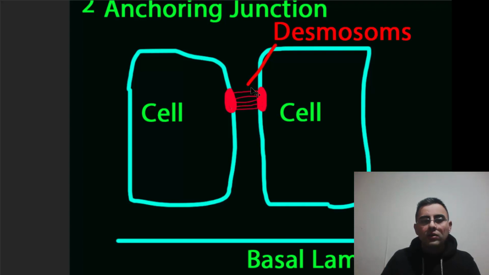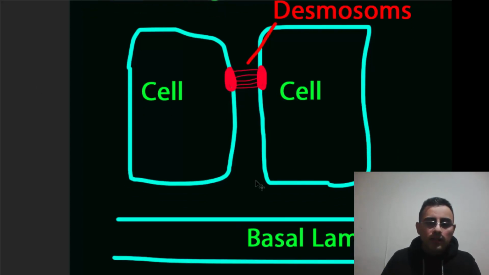When it is a cell-to-cell anchoring junction, it's called desmosomes, but this anchoring junction may be between a cell and the basal lamina, and it is called hemidesmosome.